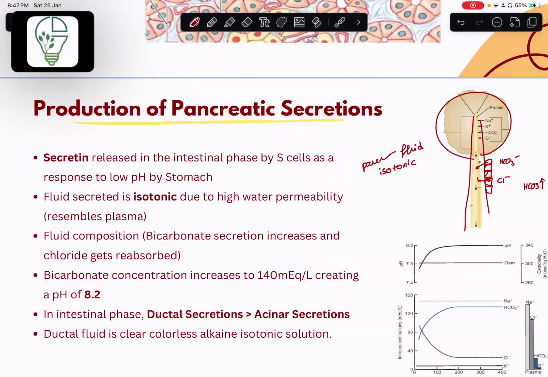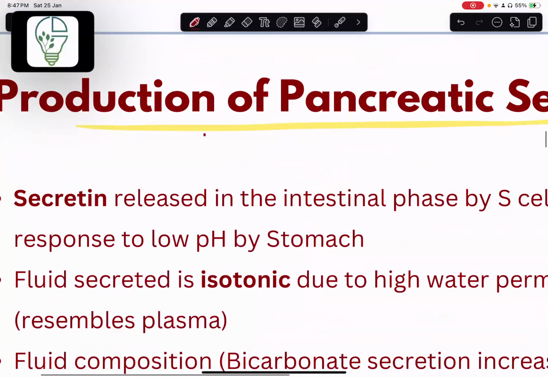In the intestinal phase, as we know, going down from the stomach, we have the stomach here, let's say, going down to the duodenum. The digested food that we ate and got digested is called chyme. The stomach's environment is acidic, so the chyme has an acidic environment. So once the chyme is transmitted down from the stomach to the duodenum, there's going to be a change in the pH environment of the duodenum, going to a little bit more acidic environment.